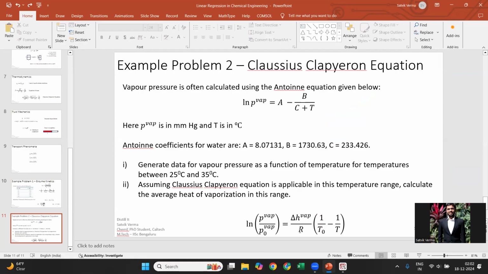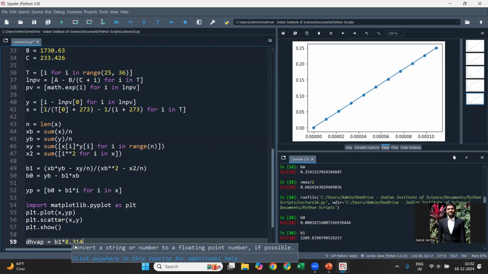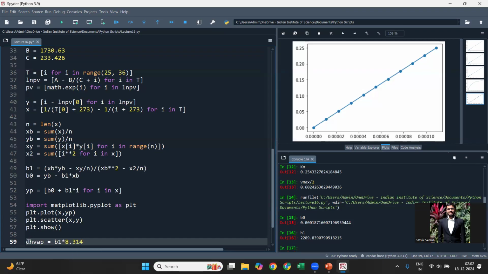So the dimensions of delta H vaporization would be the dimensions of R multiplied by Kelvin, right? So R over here is 8.314 joules per mole Kelvin. So therefore, the dimensions of delta H vaporization would be joules per mole. But generally, heat of vaporization is calculated in kilojoules per mole. So we'll just multiply 10 to the power minus 3 to this thing, right? So this becomes a delta H vaporization in kilojoules per mole.